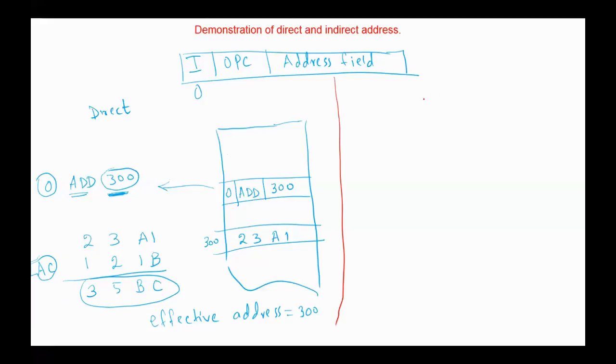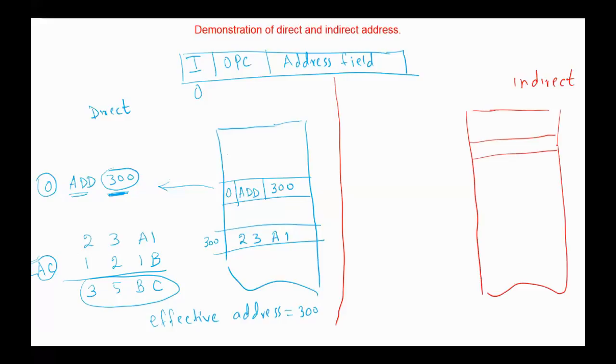However, in indirect addressing, again, suppose we have in memory one instruction with the mode bit 1 and add, and here we have 400. And suppose that the contents of location 400 is 1500 in hexadecimal, and the contents of location 1500 is 1340.